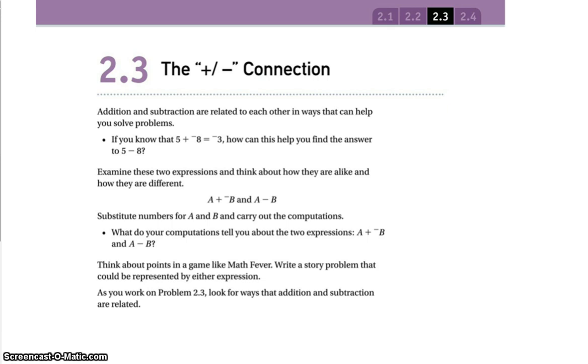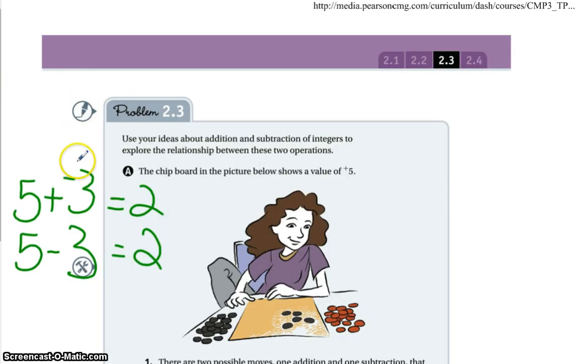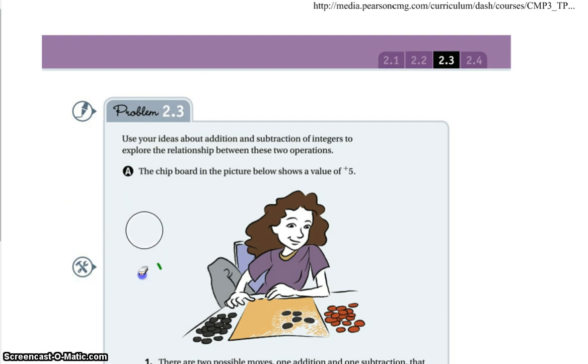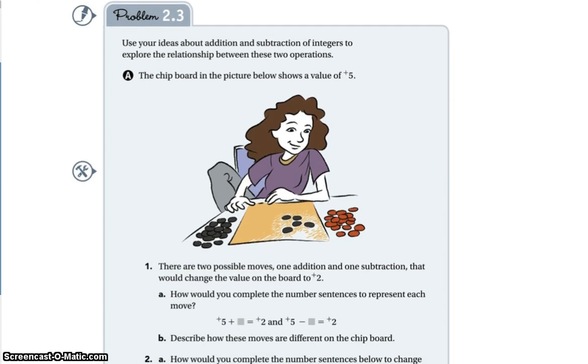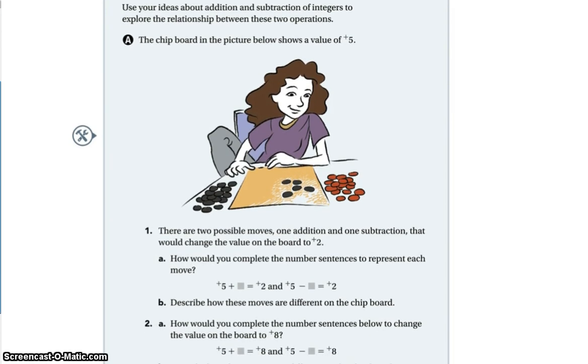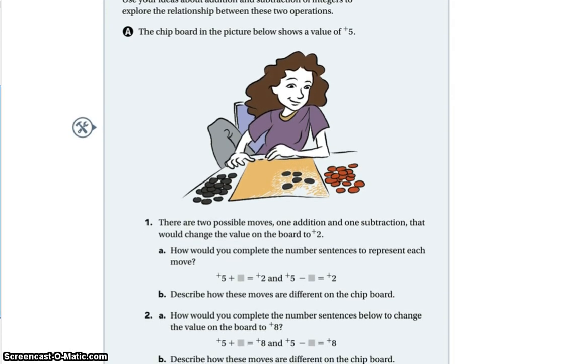Let's take a look at a few problems. Okay, so the first thing we're going to do here is take a look at problem A, and the chipboard in this picture shows a value of positive 5.